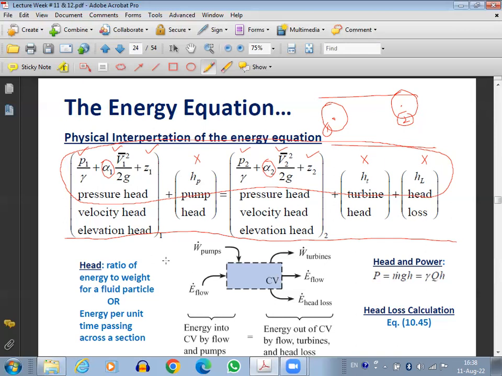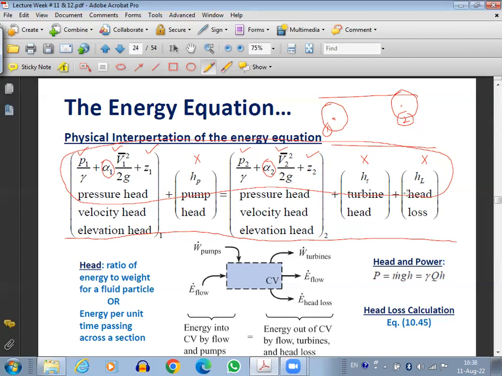The pump is taking some of the energy from the fluid, so it will be negative HP as we move from 1 to 2. If you take it to the other side of the equation, it becomes plus HP. So pump head is basically the energy or the head extracted by the pump from the fluid. Turbine head is the energy or the head added to the fluid by the turbine.